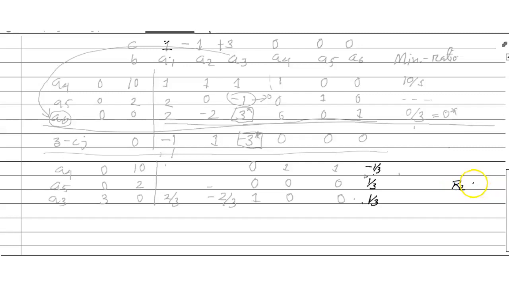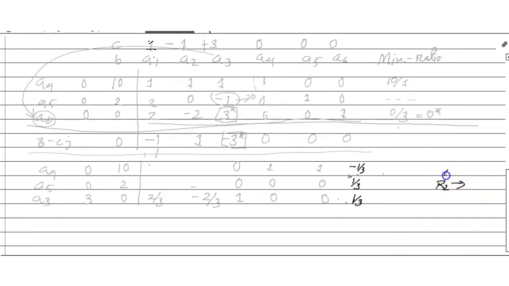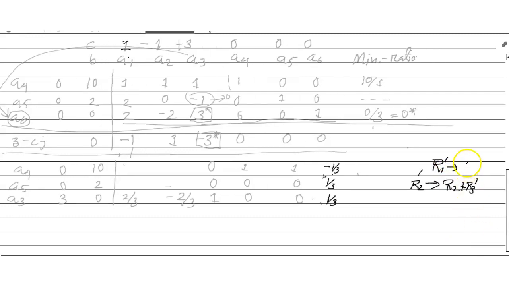R2 dash equals R2 plus R3 dash, R1 dash equals R1 minus R3 dash, and R3 dash equals 1 by 3 R3.